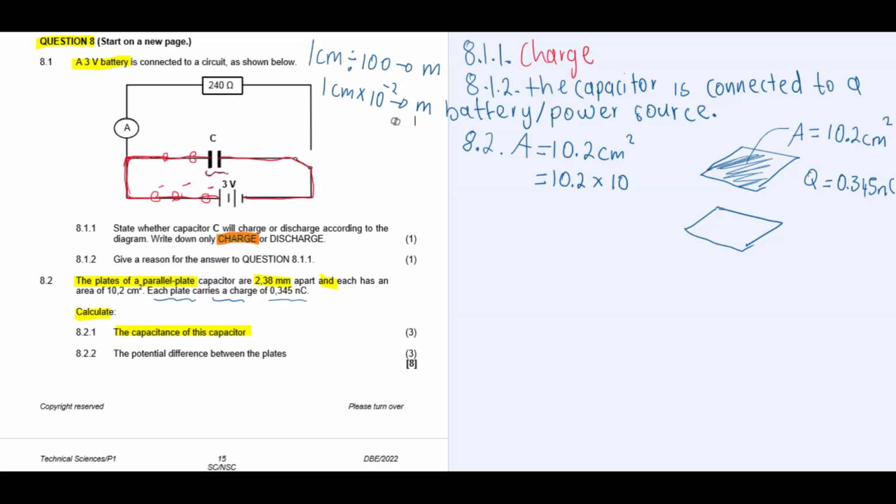So the answer here is going to be in meters squared when we multiply by that. Because we have 2 centimeters here, this is the same thing as times 1 centimeter times 1 centimeter. If you break it down, this is similar to saying 10.2 times 10 to the power of -2 times 10 to the power of -2.